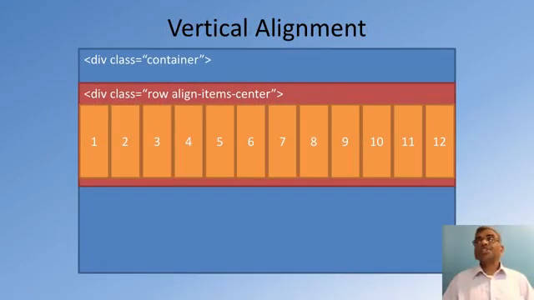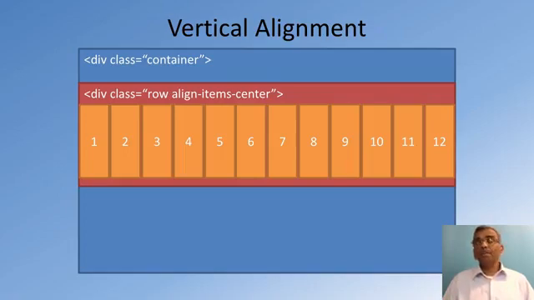The next interesting support that the Bootstrap grid brings with the use of the Flexbox layout is vertical alignment of content. The earlier Bootstrap versions, like Bootstrap 3 and earlier, did not have the ability to do vertical alignment of content. With the use of Flexbox for designing the Bootstrap grid in Bootstrap 4, we get the flexibility that CSS Flexbox brings in terms of doing vertical alignment.